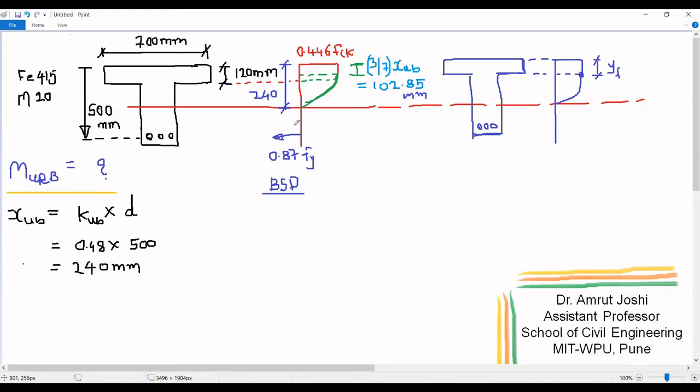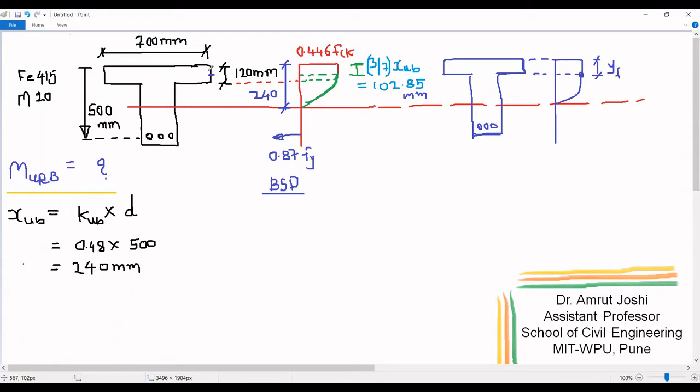Now we have a problem here, because if you look at the flange, the entire flange does not carry constant value of stress 0.446 FCK up to 102.85, that is somewhere here.